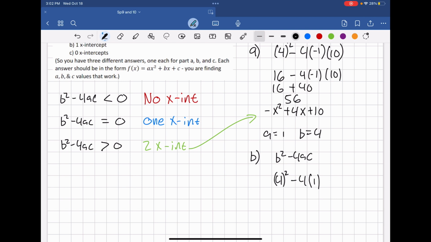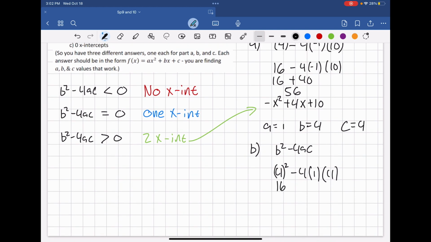And then c would have to be 4. Right? Because we have 4 squared is 16 minus 4 times 1 times 4, which is 16. Well, 16 minus 16 is just 0.